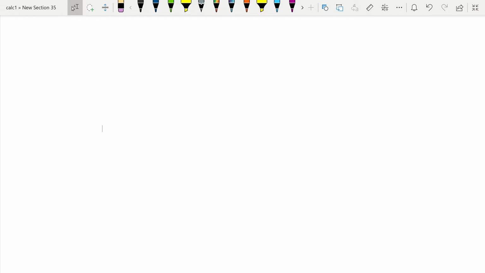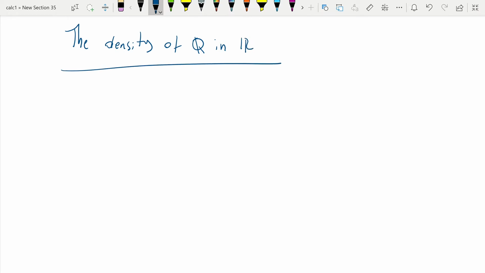Okay, so that's the discussion now. It's all about the density of Q in R, in the set of real numbers.